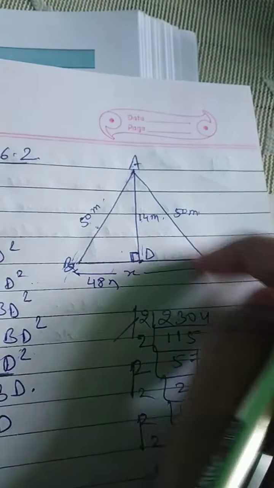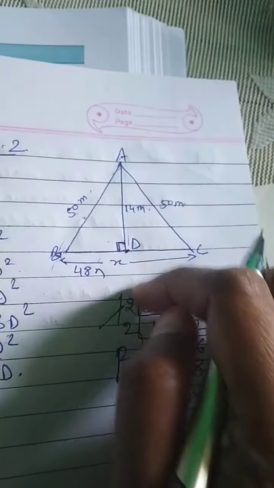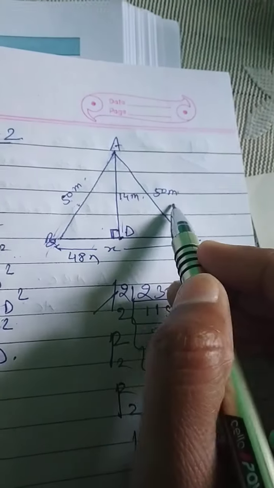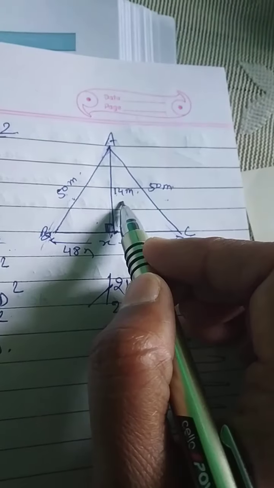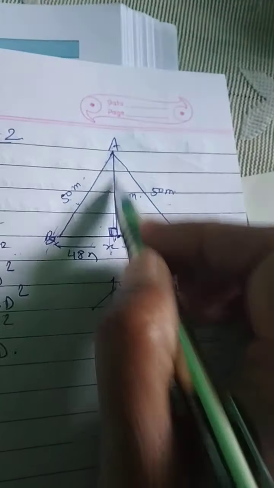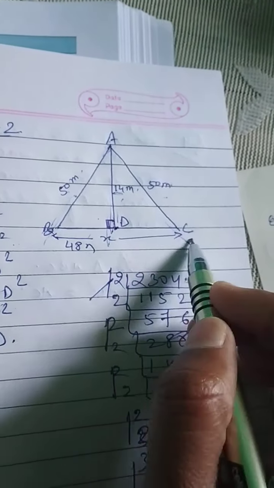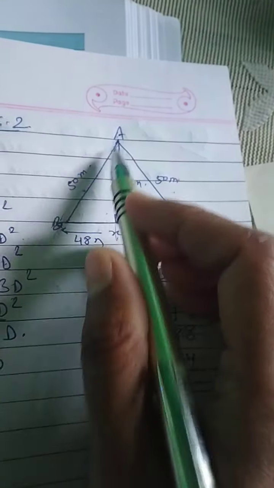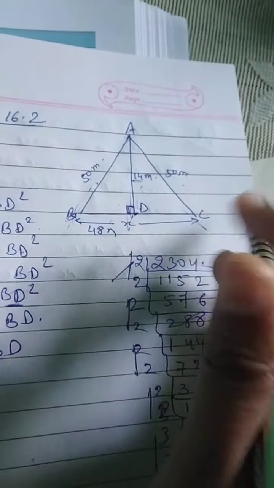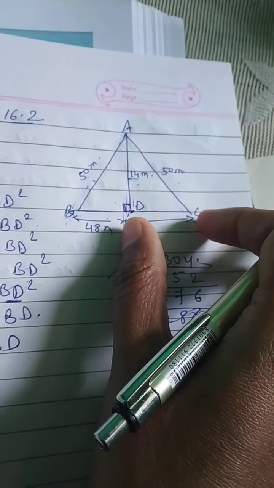So you just see in this triangle, again you are going to apply the Pythagoras theorem. Again the hypotenuse is 50, the perpendicular is 14, and DC you have to find out. Same just like this. So the same answer will come, the same value will come for DC also.